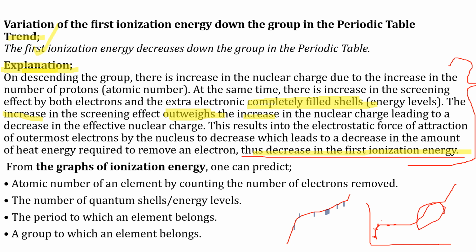So the sharp increase in the graph is because we are transiting from the incompletely filled energy level of electrons to the innermost stable, fully filled energy levels, which require higher amounts of energy. Thus, we expect a sharp increase in ionization energy because we have entered the inner stable sub-energy level that's full of electrons.